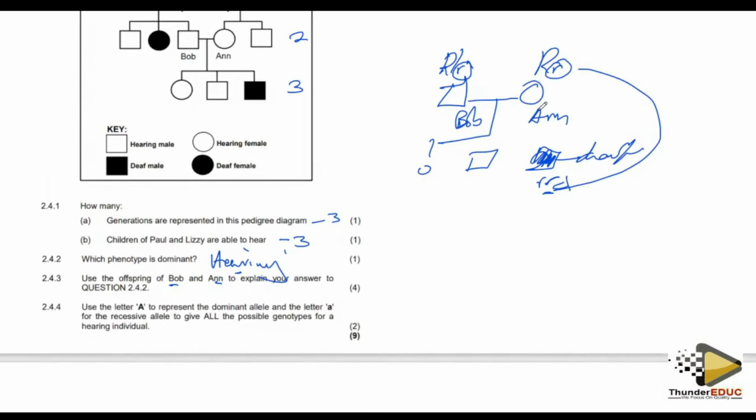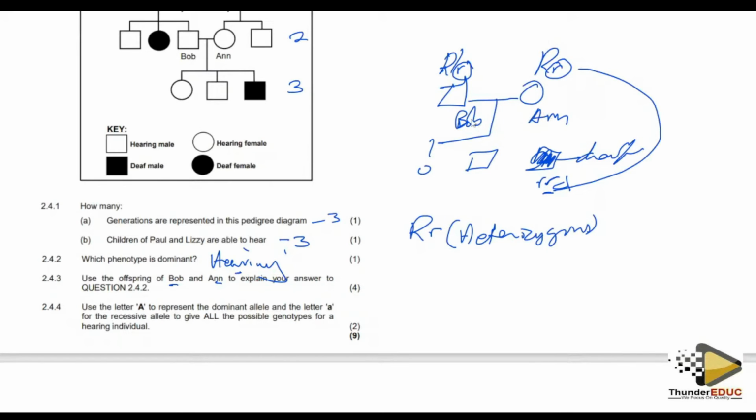No. So that's why you're not saying anything with X and Y. So this Bob, who is hearing, is capital R, small r, in other words heterozygous. Don't use small r, because they didn't give you the letters to use. Bob is heterozygous, and also Anna is heterozygous.